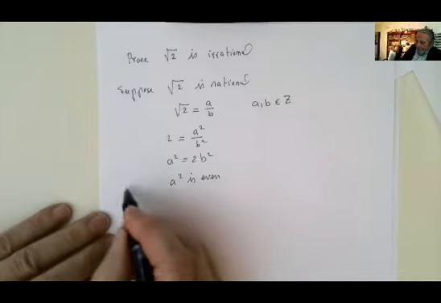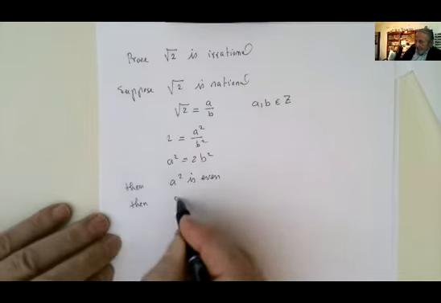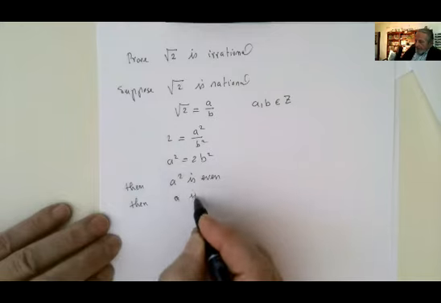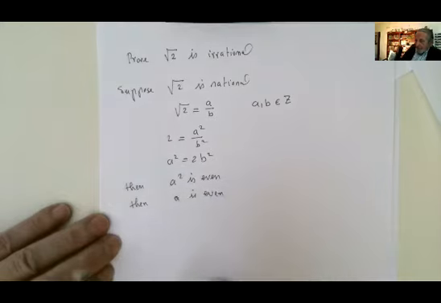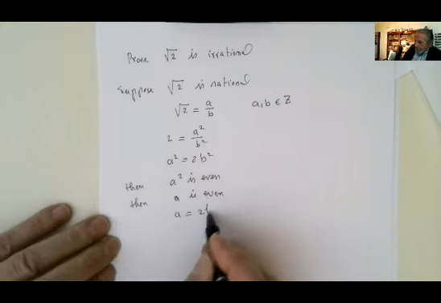Then a is even. We just showed it a little bit earlier. If n squared is even, then n is even. So a is even. Then I can put a equal to 2k.